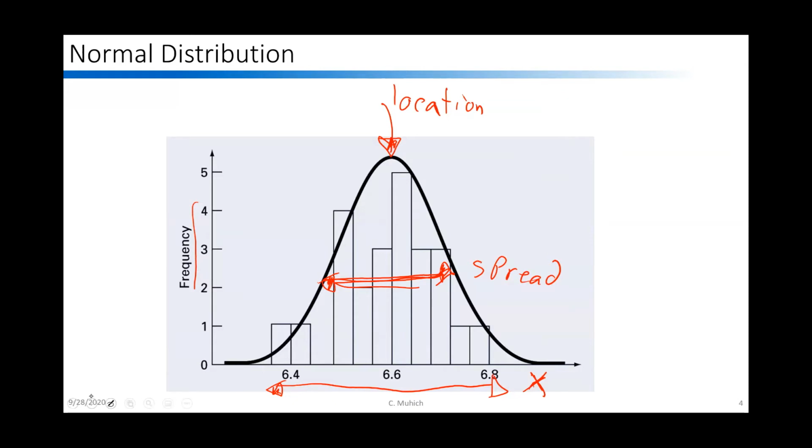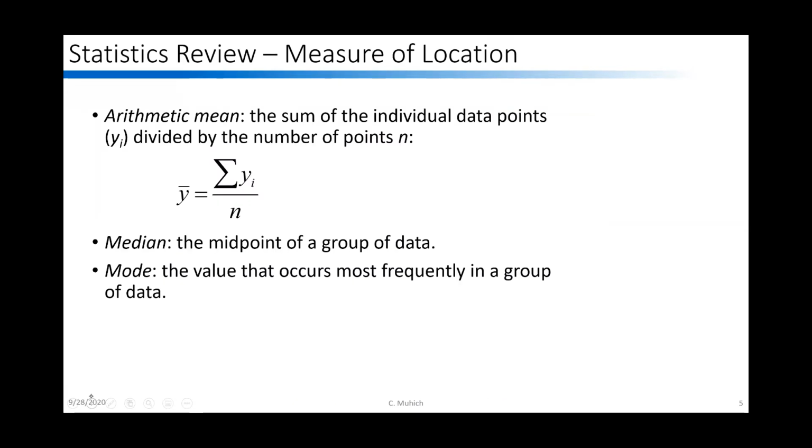So within that normal distribution, we have several different ways to measure the location. The first one being the arithmetic mean. This is the average essentially that you've grown up using. Here we take the sum of each point, in this case y, we sum them all together and we divide by n. This is going to give us our average or our arithmetic mean.